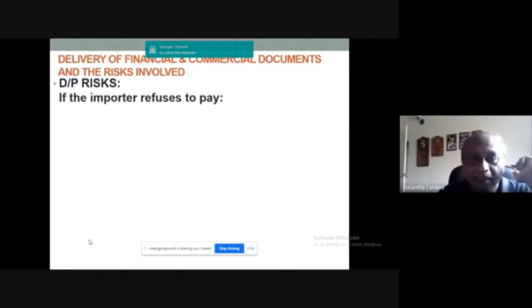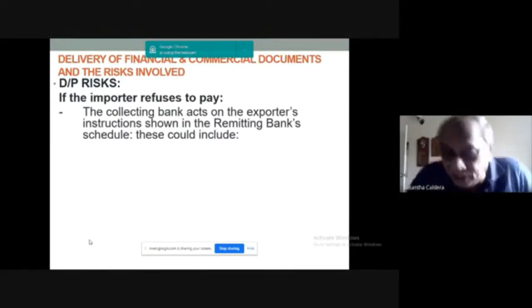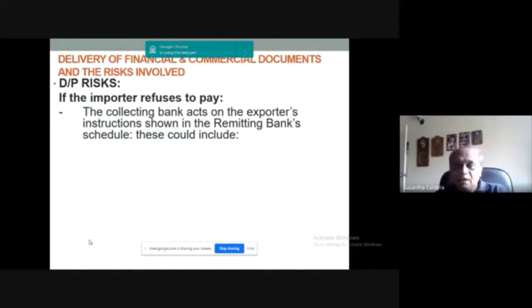DP means the remitting bank has given instructions to the collecting bank to release the documents against payment.